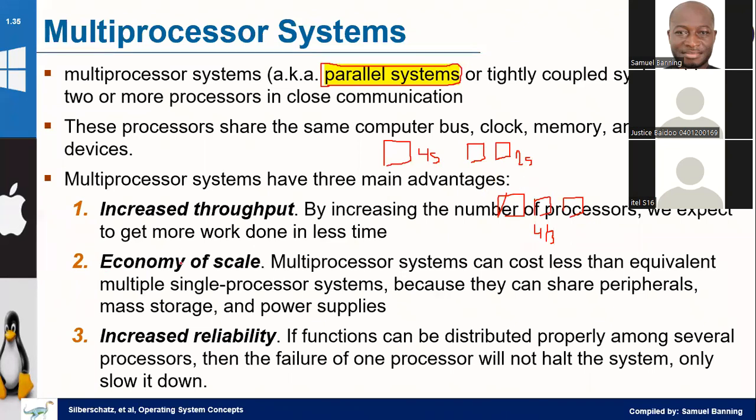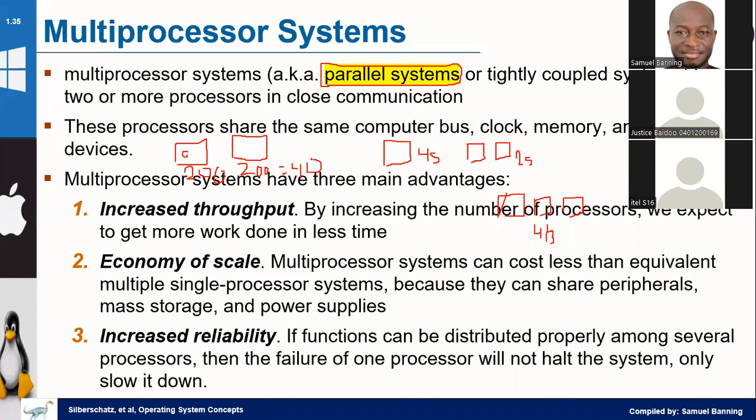The second is the economy of scale. Now, if a single processor computer costs 200 Ghana cedis, and I buy 2 single processor computers, how much am I spending? 200 plus 200 is equal to 400 Ghana cedis.